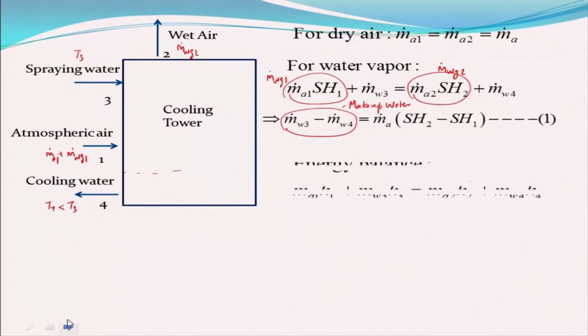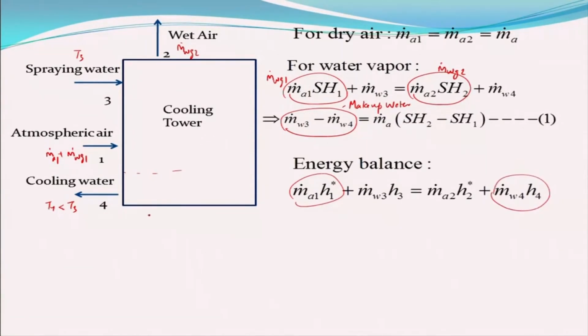And we can do the energy balance, like the enthalpy at station 1 here, and the enthalpy which is entering the cooling tower, to the spray bar, what we are using, is equal to the enthalpy going out at the exit, and the enthalpy of the cold water. This is the enthalpy of the cold water going from the cooling tower.